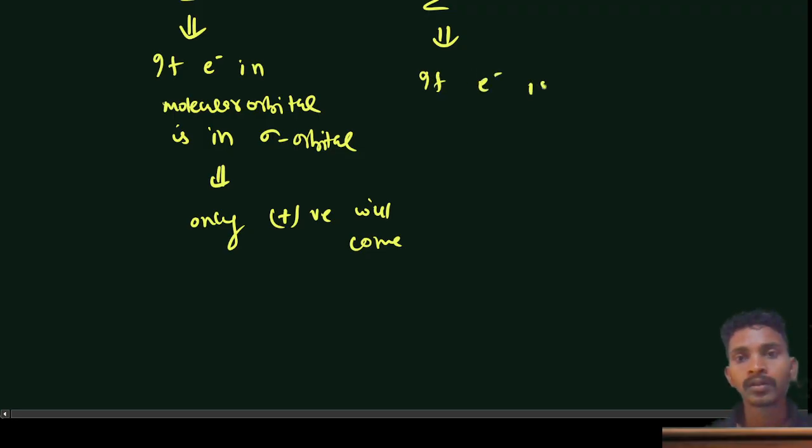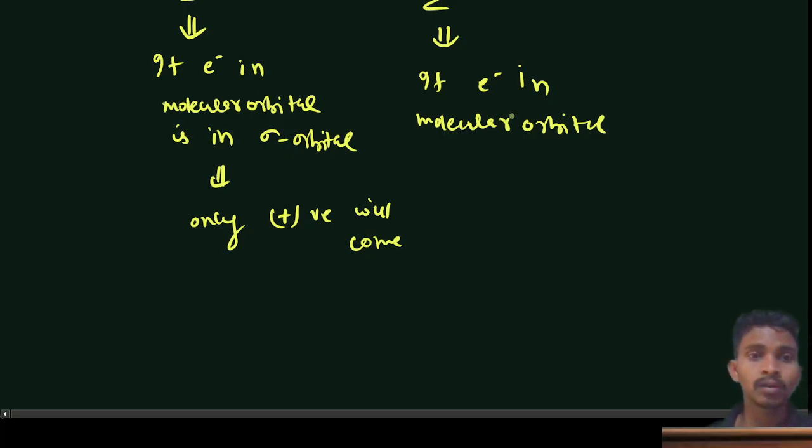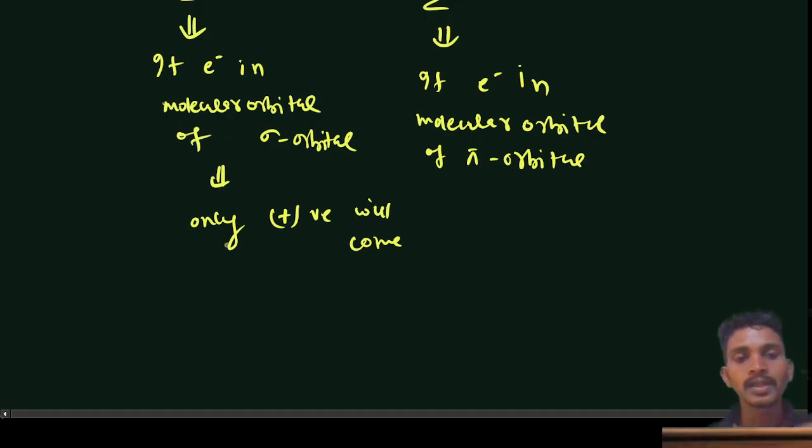And if electrons are in molecular orbitals of pi orbitals, and if electrons are in molecular orbitals of sigma orbitals, then always positive will come.